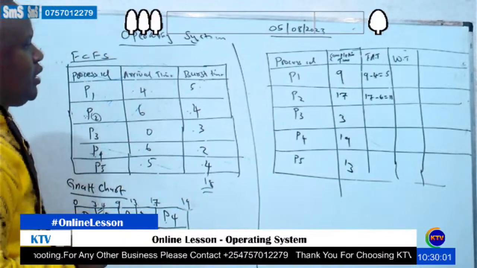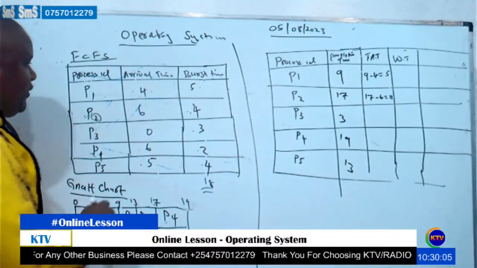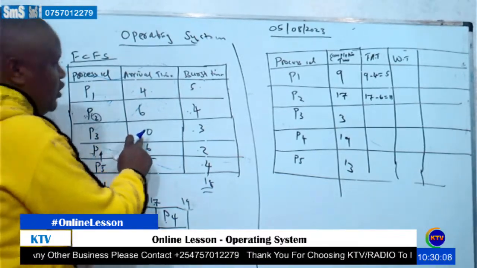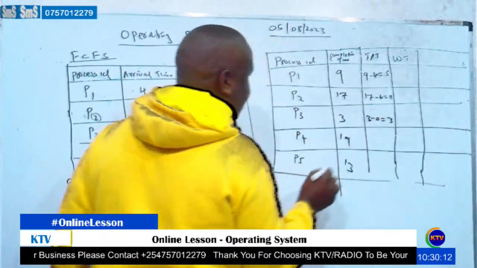Completion time for process 3 is 3, and the arrival time is 0, so 3 minus 0 is 3.